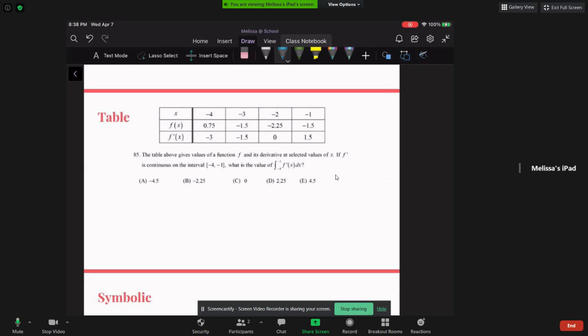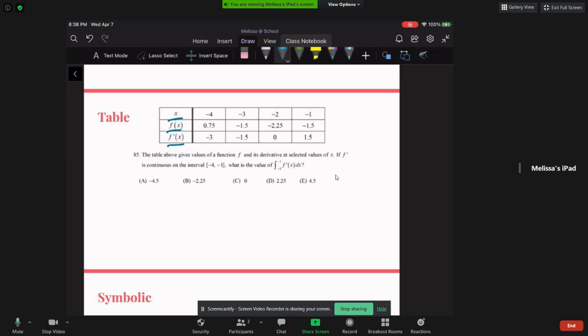Our next example is in the form of a table. The table gives you the values of a function f and its derivative at selected values of x, so we've got x, f of x, f prime of x. If f prime is continuous on the interval from -4 to -1, what is the value of the integral from -4 to -1 of f prime of x dx?